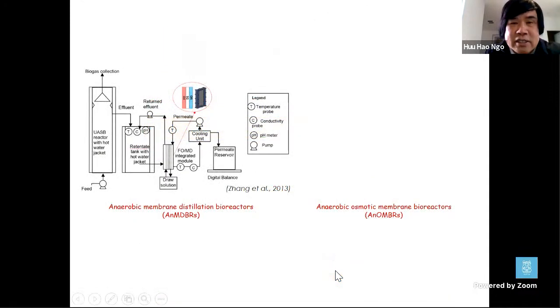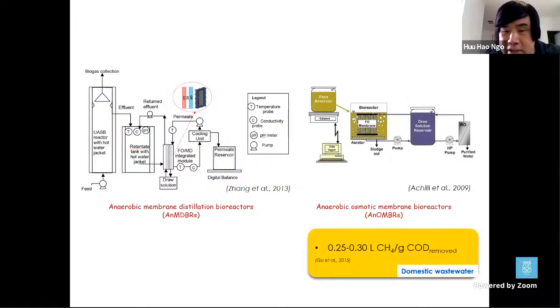Okay, and then there is the anaerobic membrane distillation. This is the latest technology about MD. We use that under anaerobic conditions, and also the anaerobic osmotic membrane bioreactor.